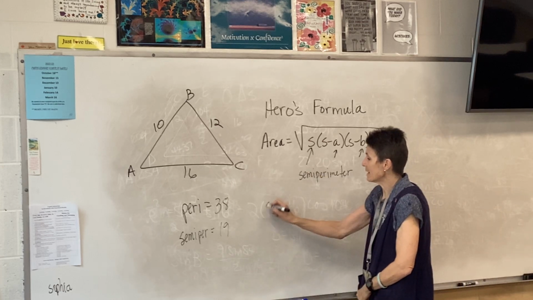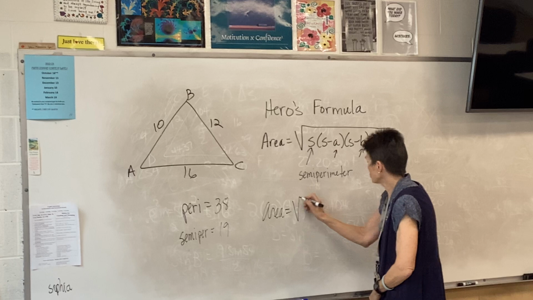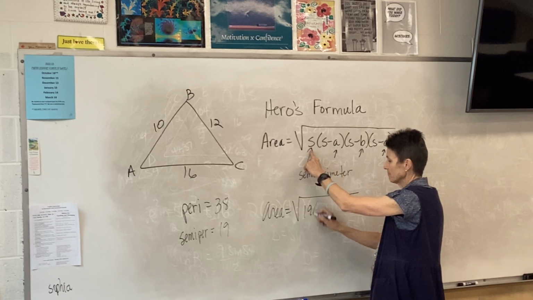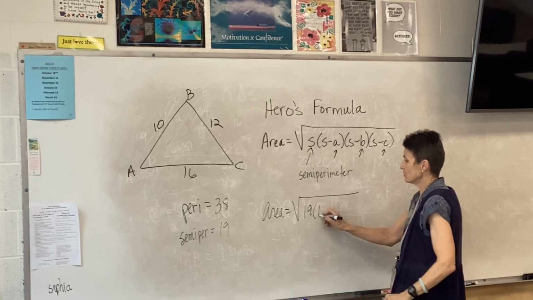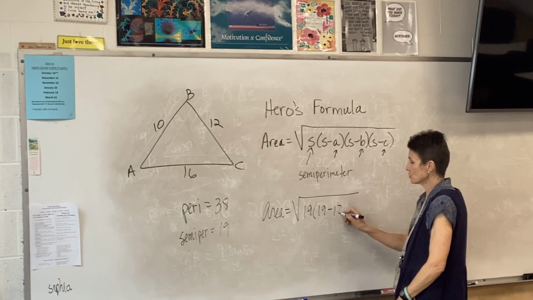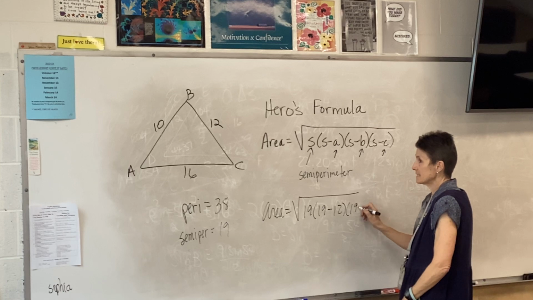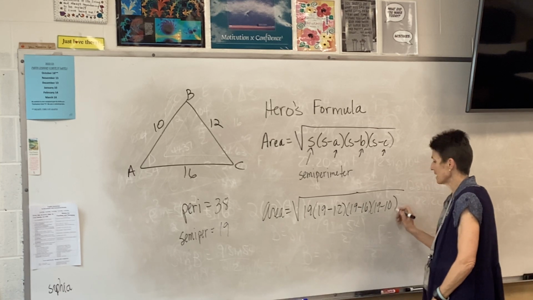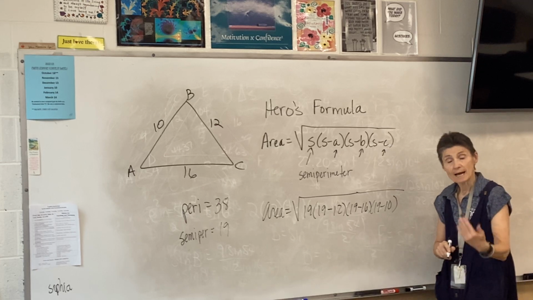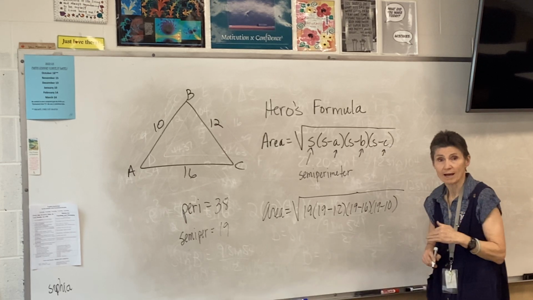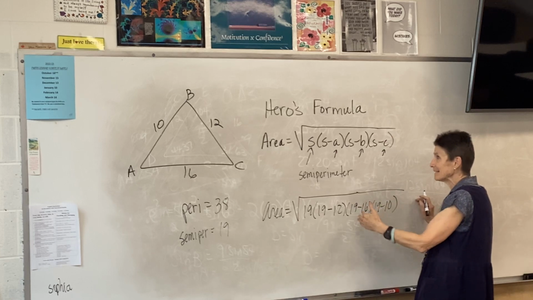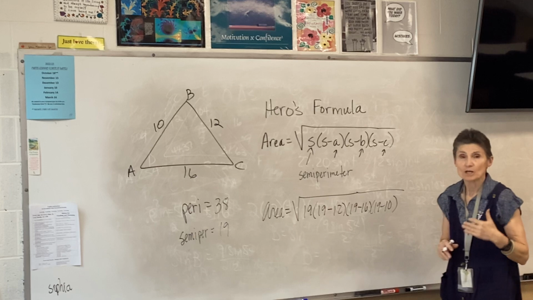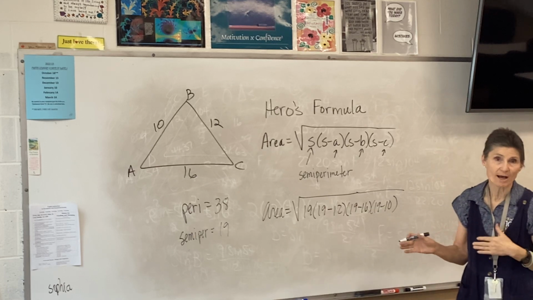So to find my area, the big square root, I'm going to take 19, and then I'm going to do 19 minus 12, 19 minus 16, and 19 minus 10. 19 minus each side. Now, I did it in ABC order, but it truly doesn't matter.